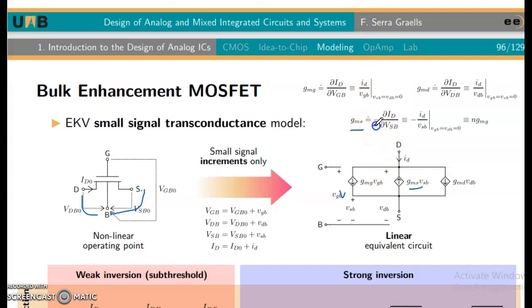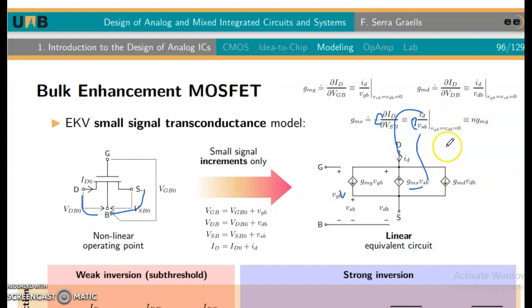Here negative value, here no negative, positive. Here only negative, so here it comes negatively. So ID with respect to VSB.